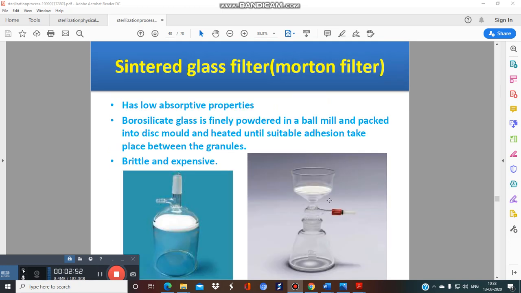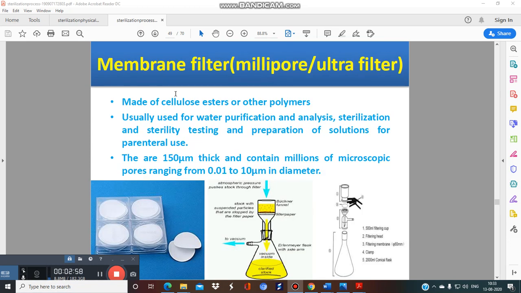This is the common lab filter, the sinter filter that we use in the laboratory. Another very important filter that we use in industry and our laboratory is the membrane filter. These are paper-type filters, made up of cellulose ester or other polymers, and particularly used for water purification and different analyses.